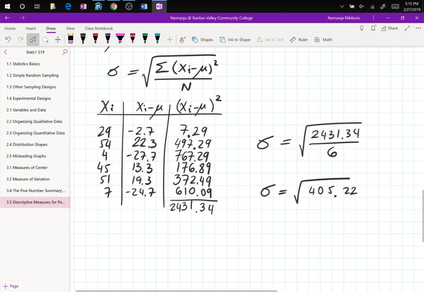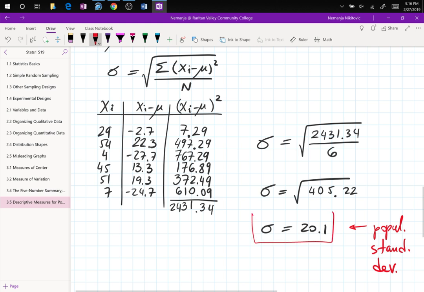Square root of 400 is 20, so this is about what? 20 point something. 20.1. So we have our population standard deviation to be 20.1.